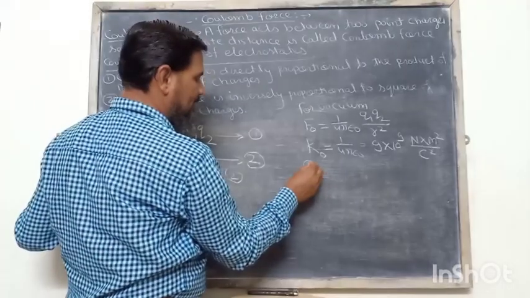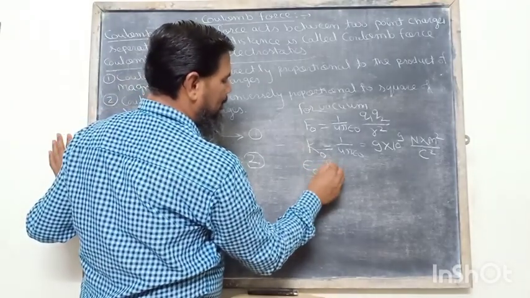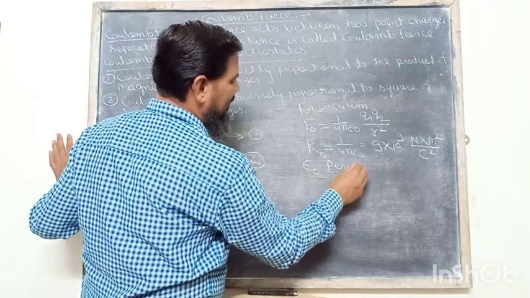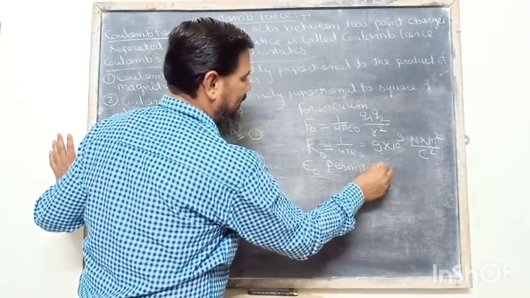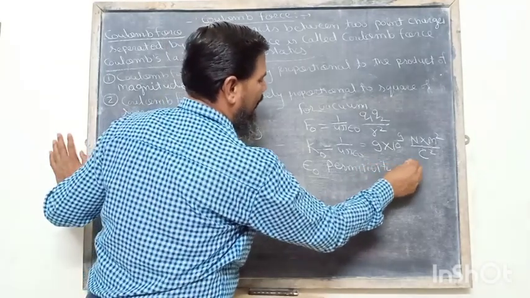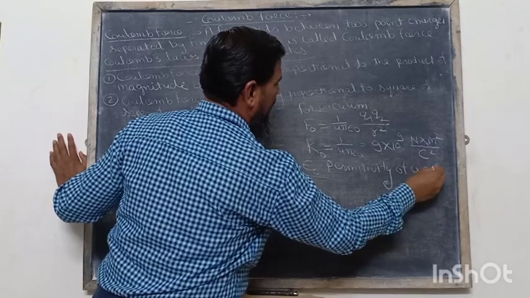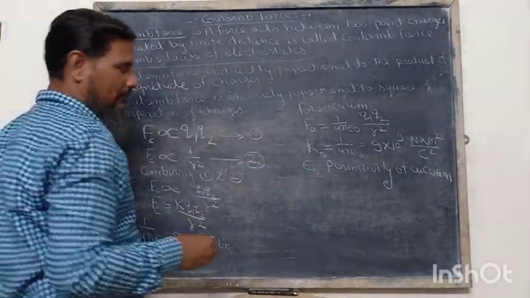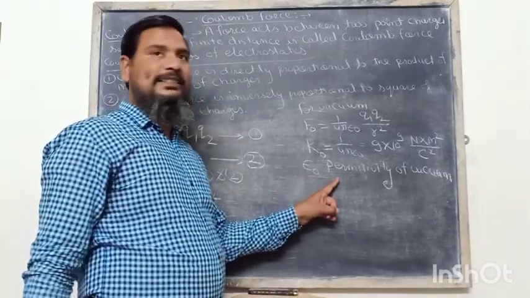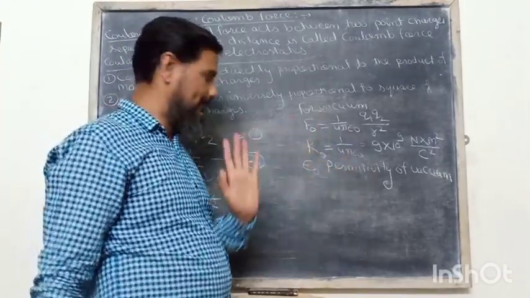And epsilon naught means the permittivity of vacuum. This is the dependence of Coulomb force on the medium.